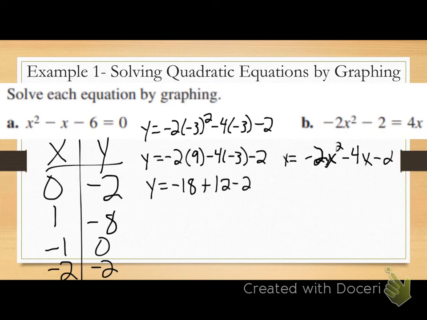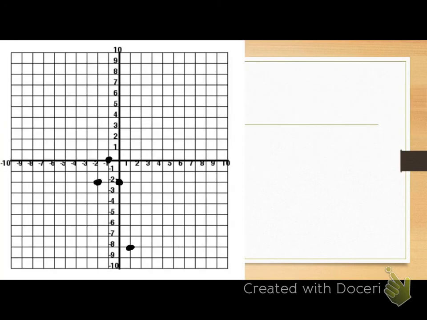Positive 12. Negative 18 plus 12? Negative 6. Negative 6 minus 2? Negative 8. So I get negative 3, negative 8. Everyone see the parabola forming? And it's upside down?